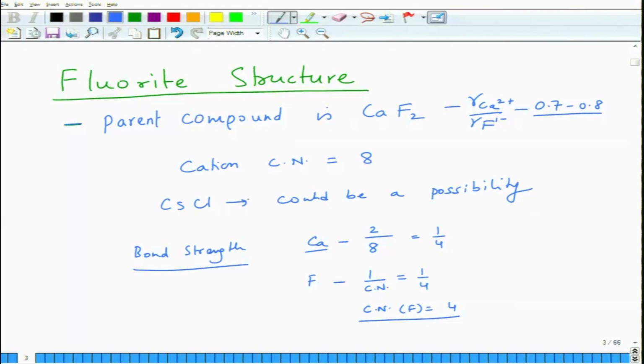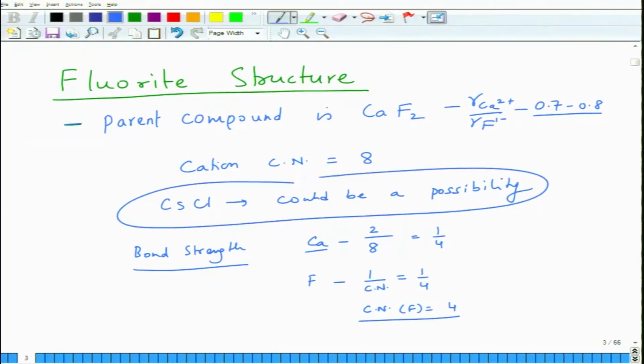As a result, CsCl is not a possibility. We will see the CsCl structure later on.